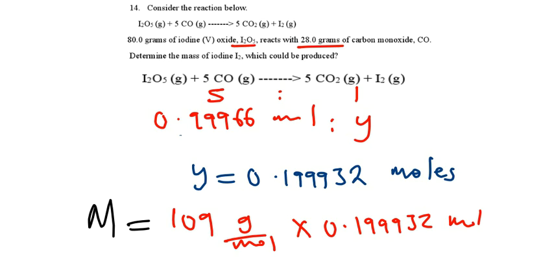So we should have issues with students shouting at you. So the value of the molar mass of this is actually 126.9 times 2. Let me use the actual value. 126.9 times 2 is 253.8 grams per mole.